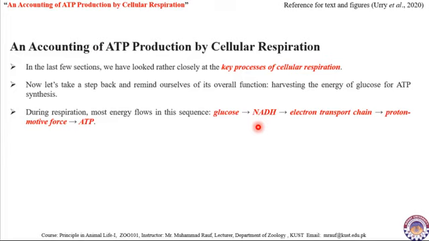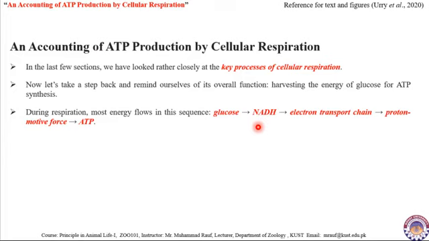We have already discussed the electron transport chain, which consists of a series of complexes embedded in the inner membrane of mitochondria, and as the electrons delivered by NADH and FADH2 pass through different electron carriers, energy is released. This energy is used to pump protons, or hydrogen ions, into the intermembrane space.